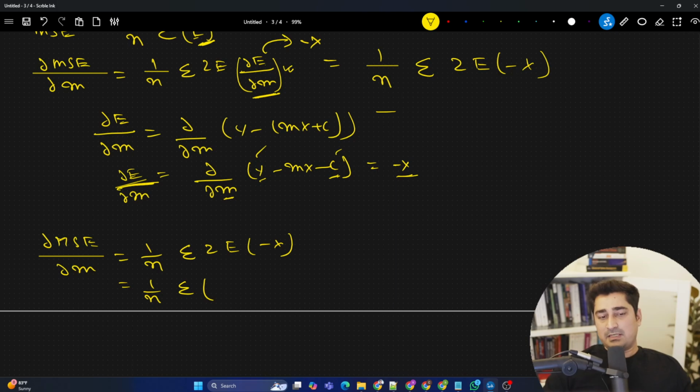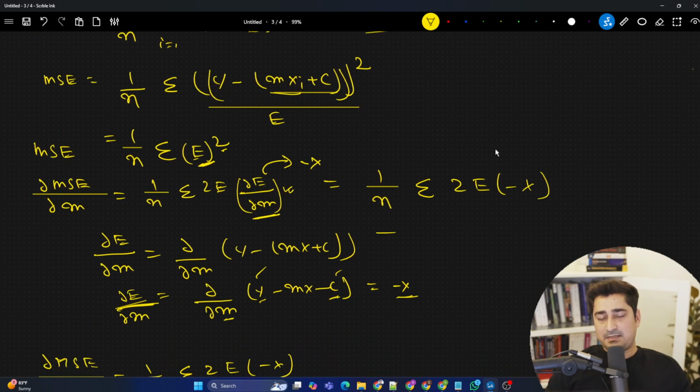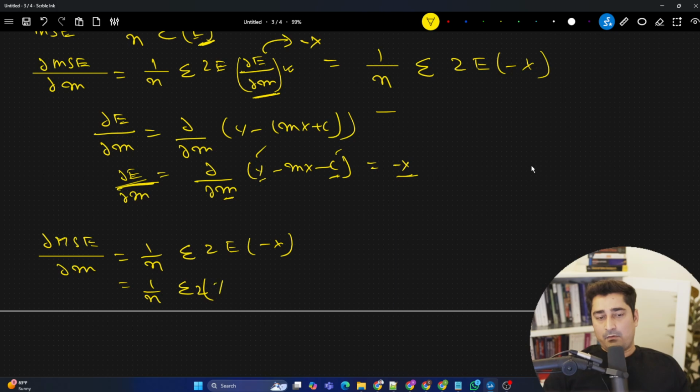So I can write it down in this way. Summation of, what is the value of e, by the way? The value of e that I have considered in this particular place is y minus mx plus c, and into minus of x we have. I'm just trying to substitute the value of e over here. If you're going to break it down, no need to solve over here.